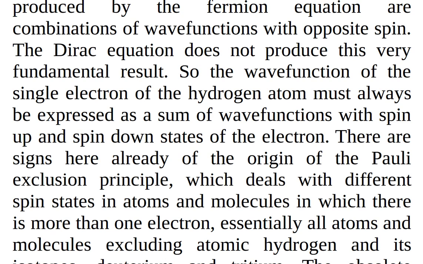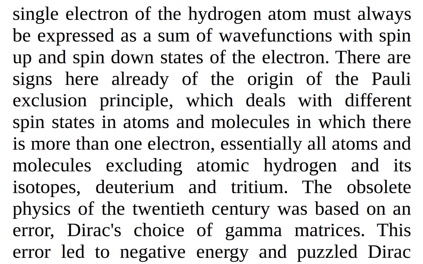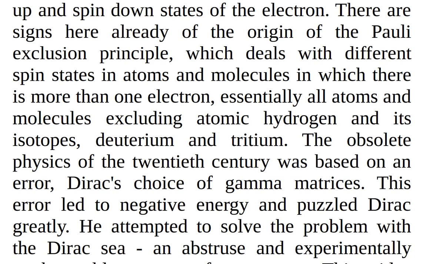There are signs here already of the origin of the Pauli exclusion principle, which deals with different spin states in atoms and molecules in which there is more than one electron. Essentially all atoms and molecules excluding atomic hydrogen and its isotopes, deuterium and tritium.